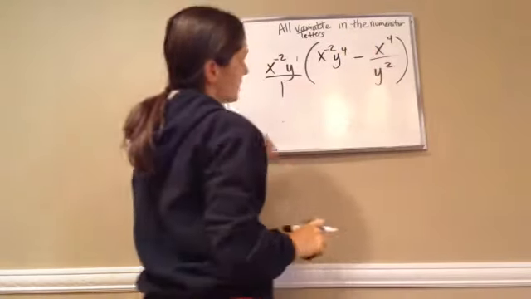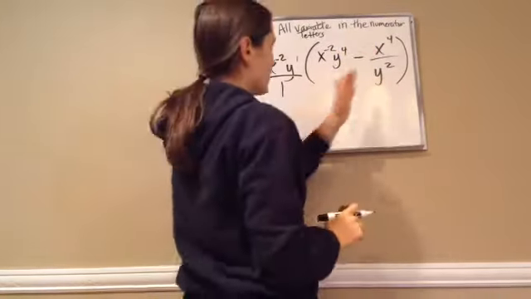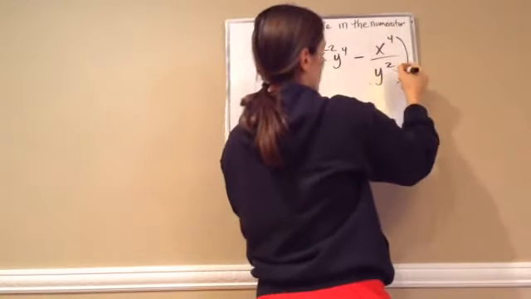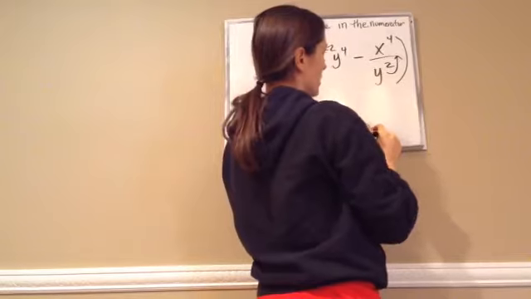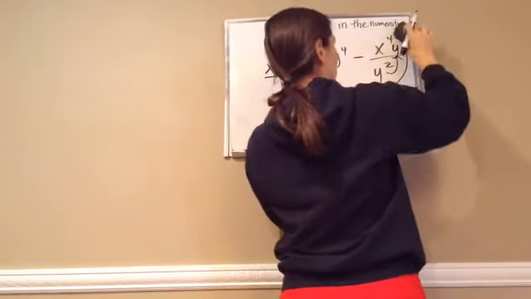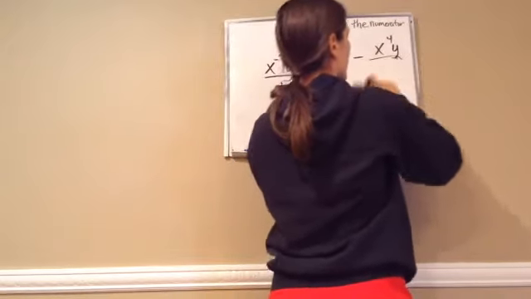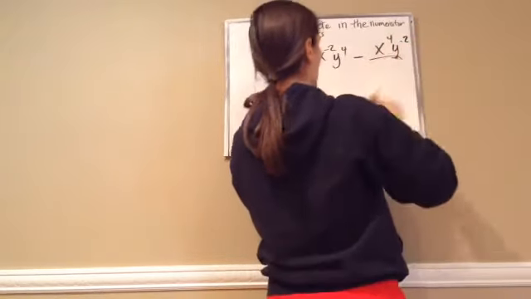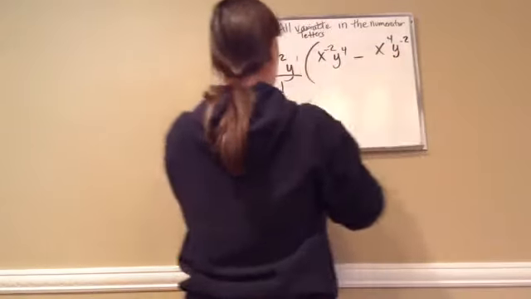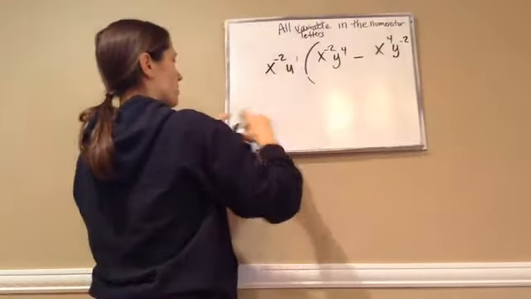That way it's in alphabetical order. Now let's look at this one. They want all of the letters to be in the numerator, so this y squared goes up and becomes y negative squared. Very good. Okay, and it is in alphabetical order. X and now Y. Got it? Yep.